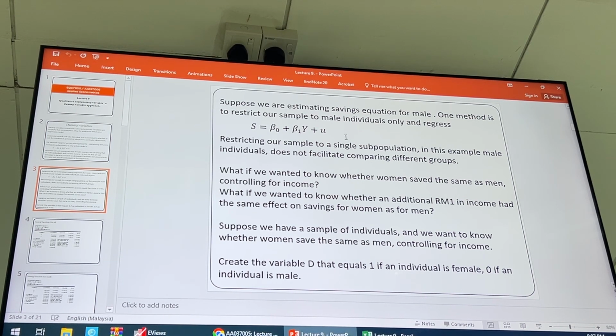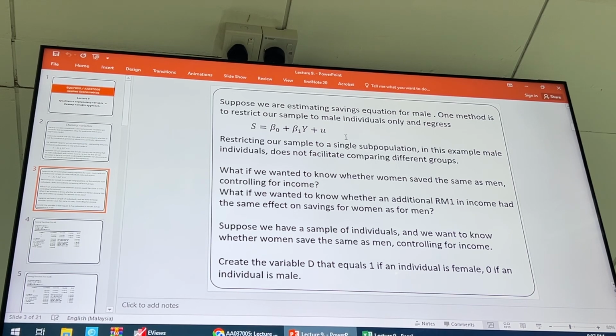One group of data only for male, and another group of data for female only, and then we estimate two separate models. That's another alternative, estimating a regression model separately for male and another one for female.